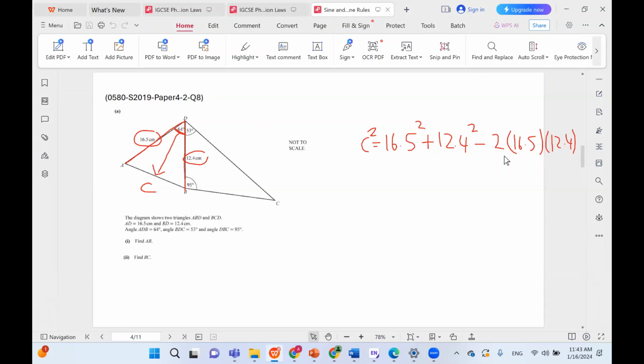So cosine 64. I'm just going to write it underneath here for space. But remember to put brackets surrounding this term because this is the confusing term.